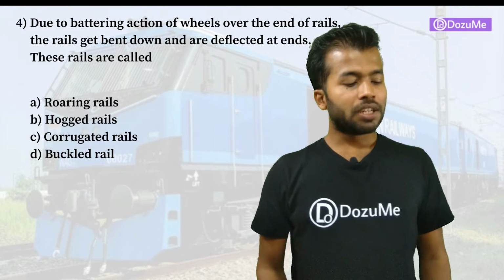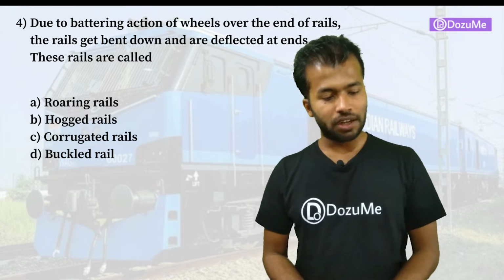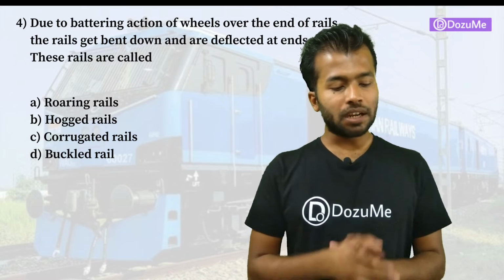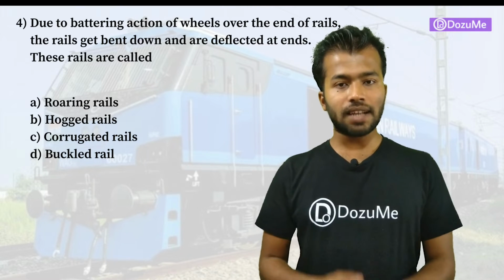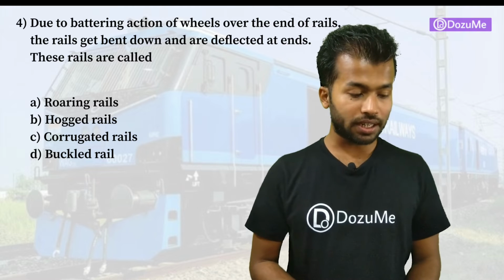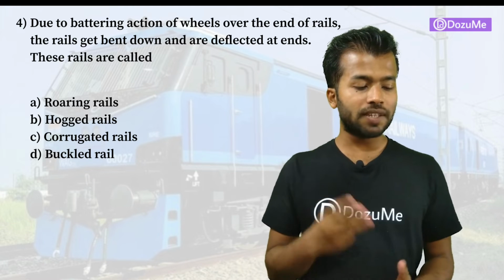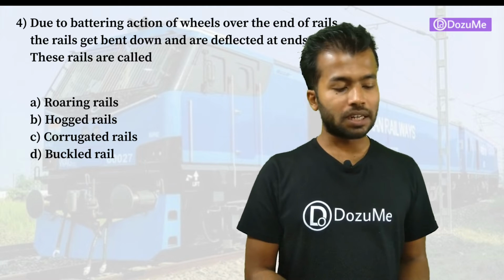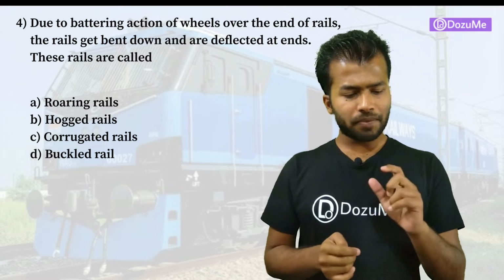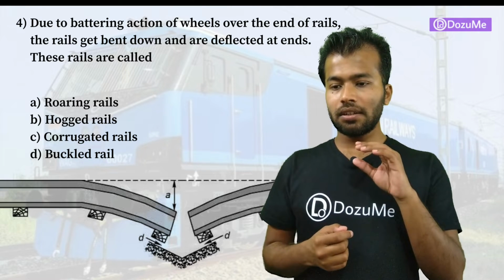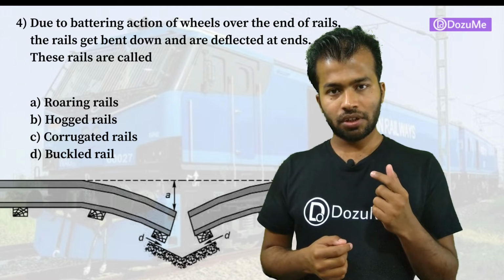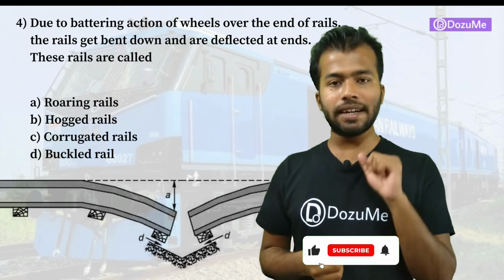Question number 4. Due to battering action of wheel over the end of rails, the rails get bent down and are deflected at ends. These rails are called option A, creeping rails, option B, hogged rail, option C, corrugated rails, option D, buckled rails. So what is battering action? Battering action means the impact on the same area again and again.